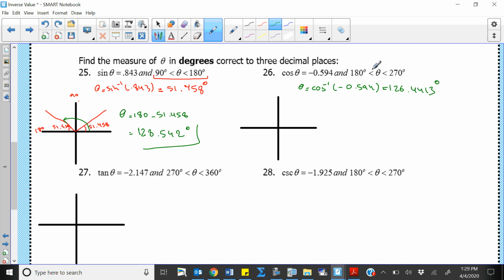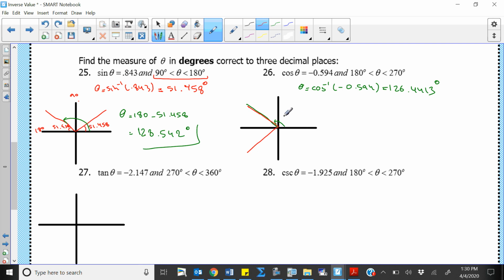But this angle is not between 180 and 270. What the calculator is giving to me is this angle, something here. So I need to find it on my own without the calculator. Cosine is a negative value, so the angle is going to be either here or here, because in the second and the third quadrant cosine is negative.